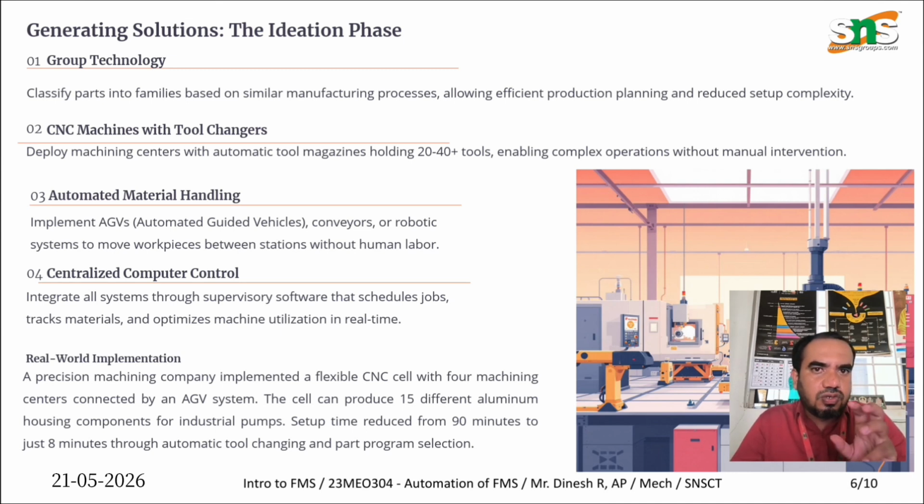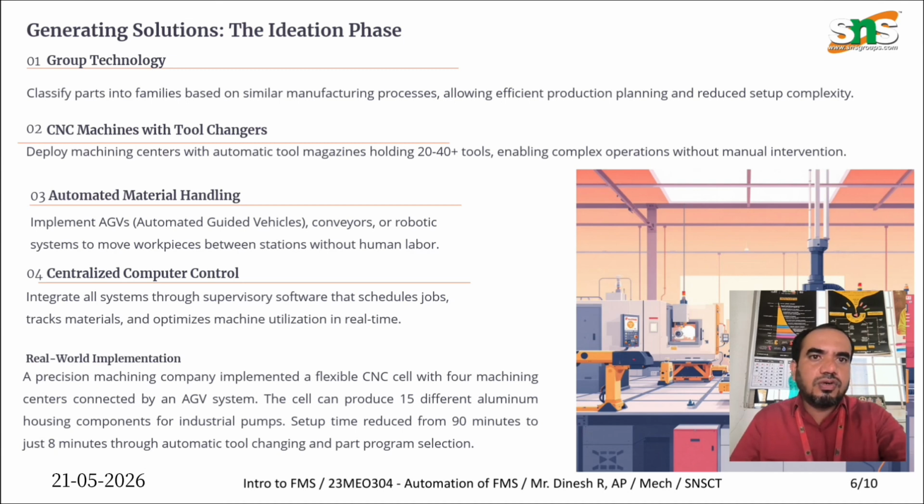So here also, if we take an example, a precision machining company implements a flexible CNC cell with 4 machining centers connected by an AGV system. AGV works as material handling. The cell can produce 15 different aluminum housing components for industrial pumps. Setup time reduced from 90 minutes to just 8 minutes through automatic tool changing and part program selection.